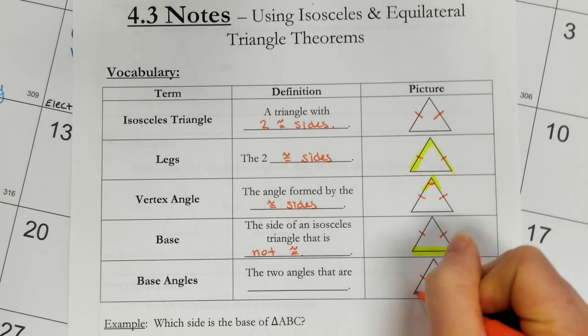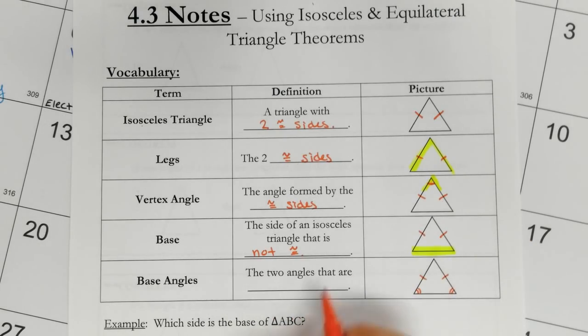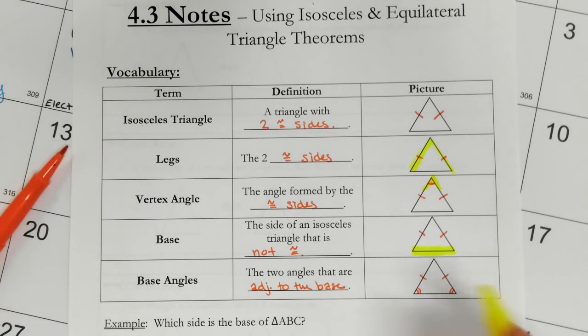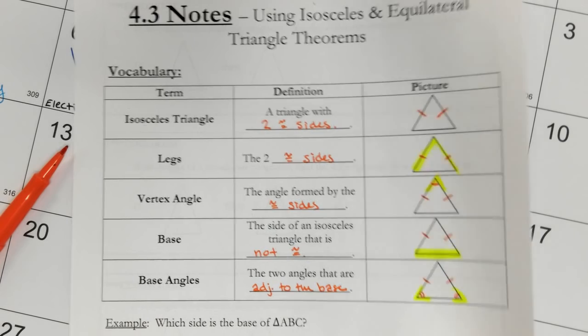Your base angles are going to be the two angles that are adjacent to the base. Remember, your base is, in this picture, on the bottom, so it's going to be that angle and that angle. So there's all the vocab.